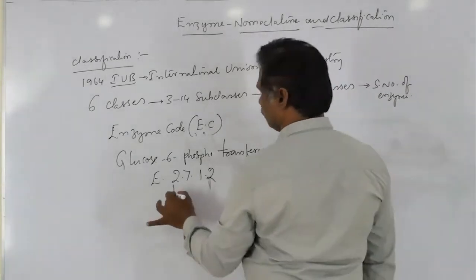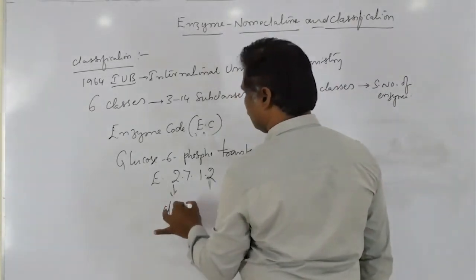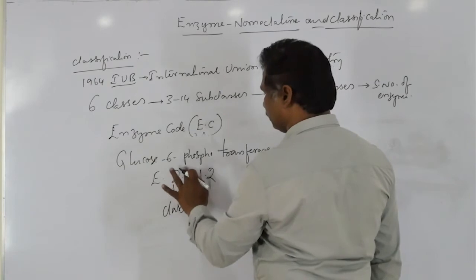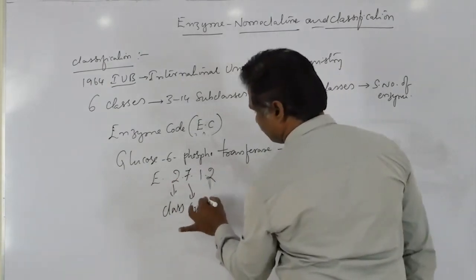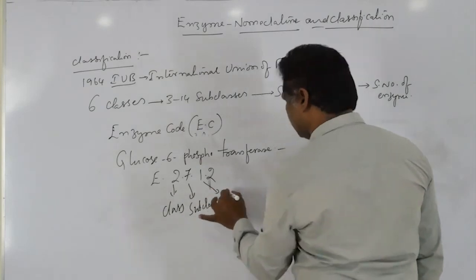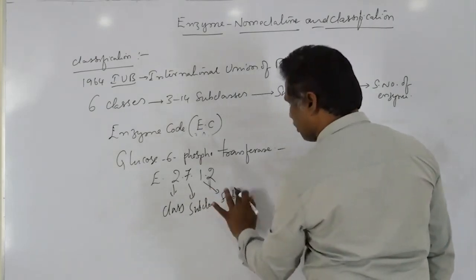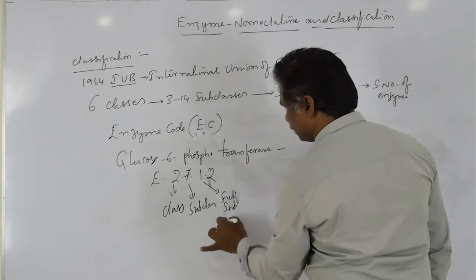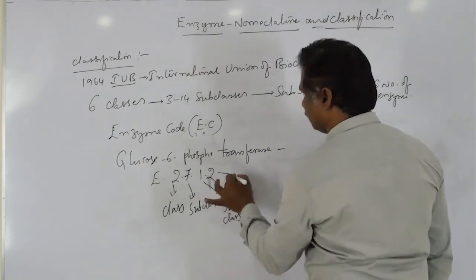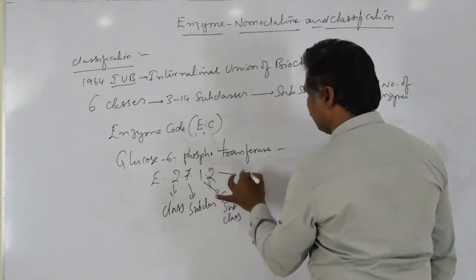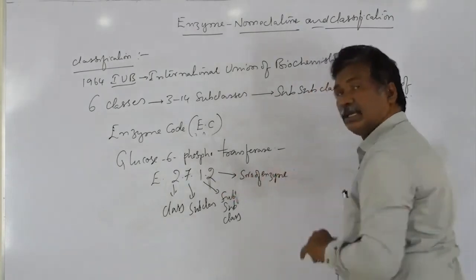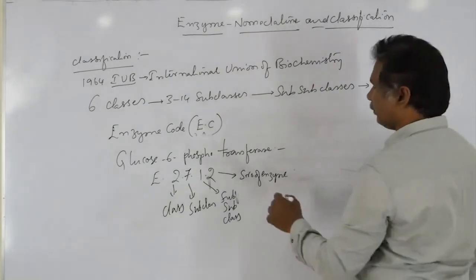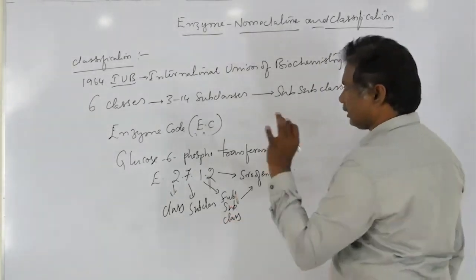The first number belongs to the class, the second, 7, belongs to the subclass, the third one is the sub-subclass, and the fourth number is the serial number of the enzyme in that subclass.